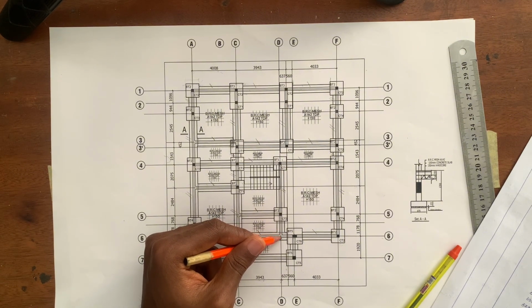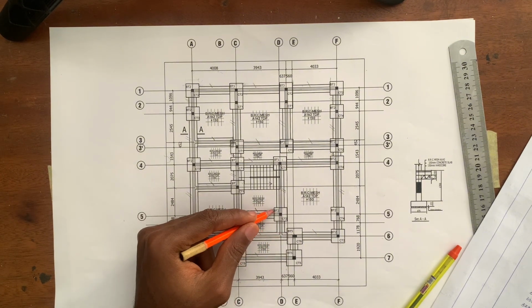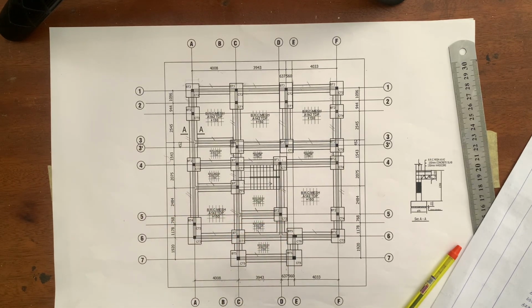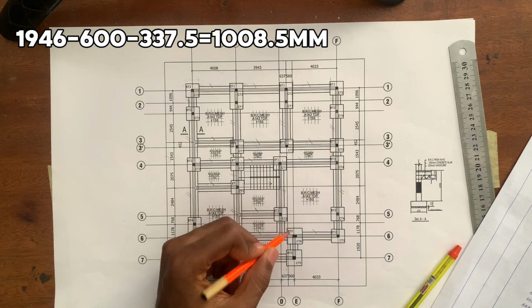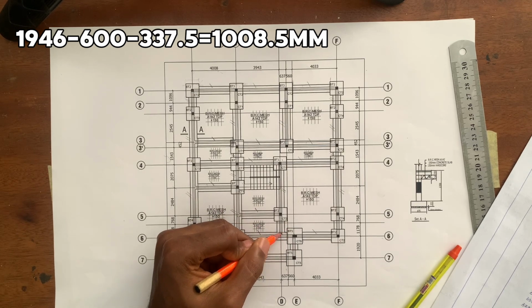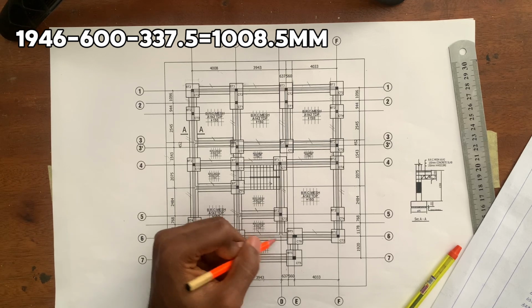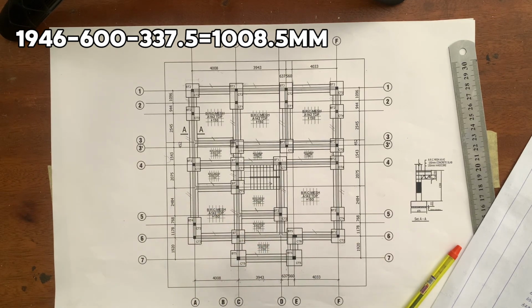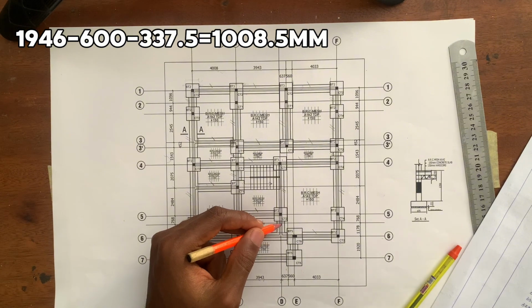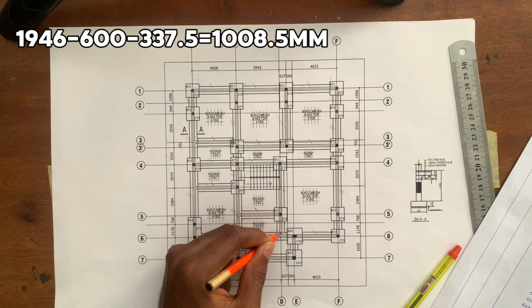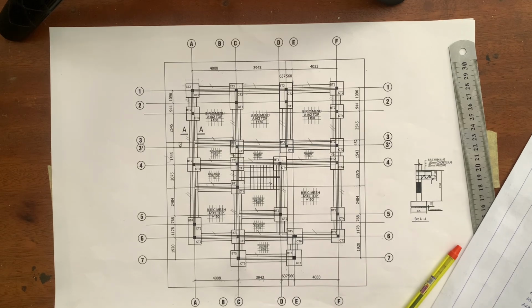Since we know that the length of base type 2 is 1,200, half will be what? 600. So we'll minus that half, and then we know that the width of our trench here is 675. When we divide it by 2, we'll now minus what we have. So we're going to be having what? 1,008.5. So the distance of this trench from here to here is 1,008.5. So let's record it.